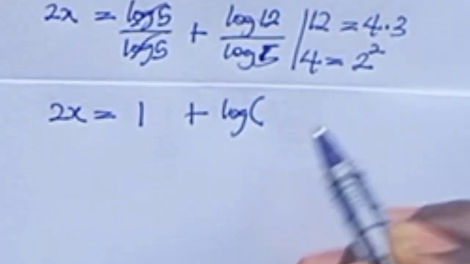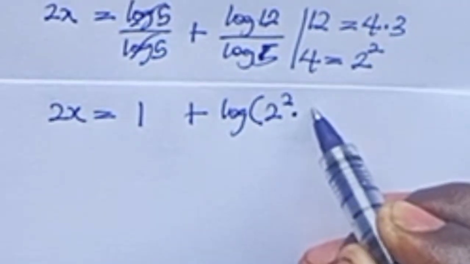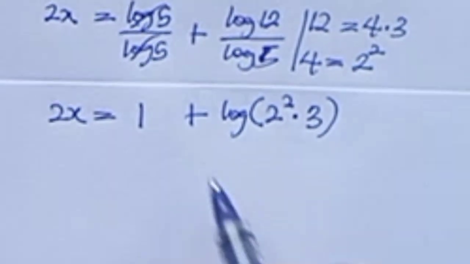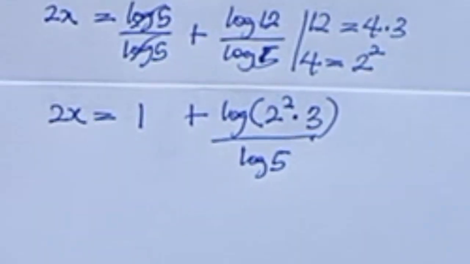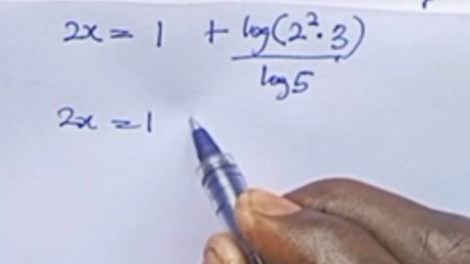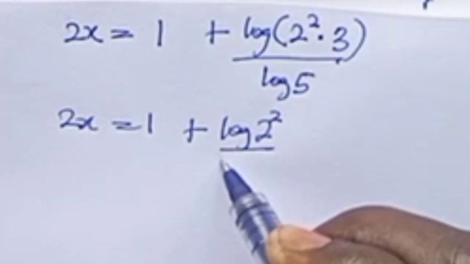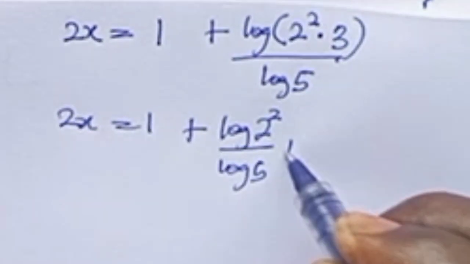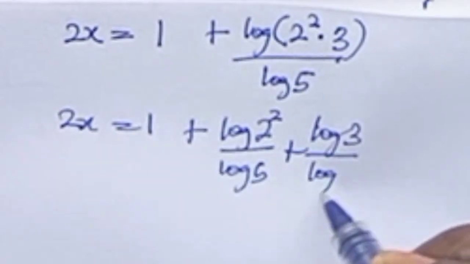Log 2 to the power of 2 times 3 over log 5. So the next line we will have 2x equals 1 plus log 2 to the power of 2 over log 5 plus log 3 all over log 5.